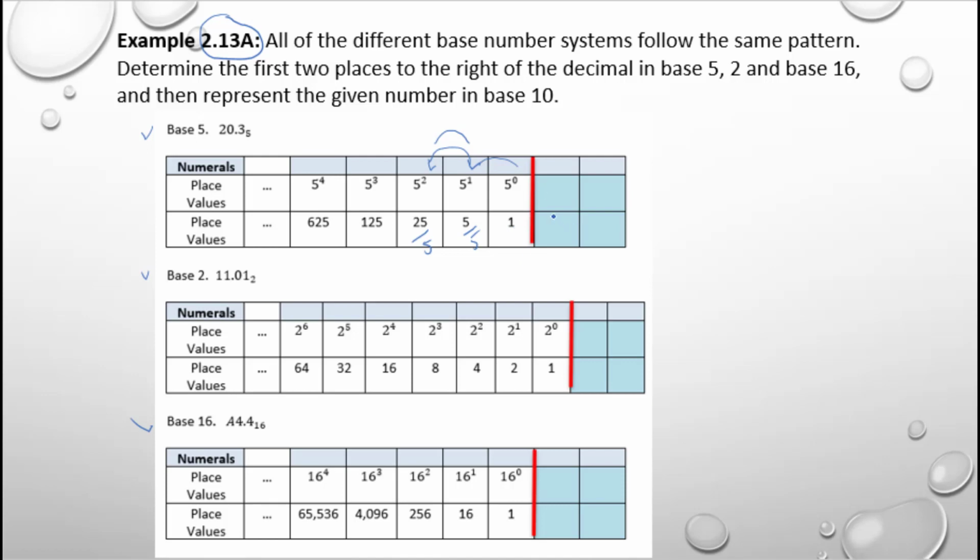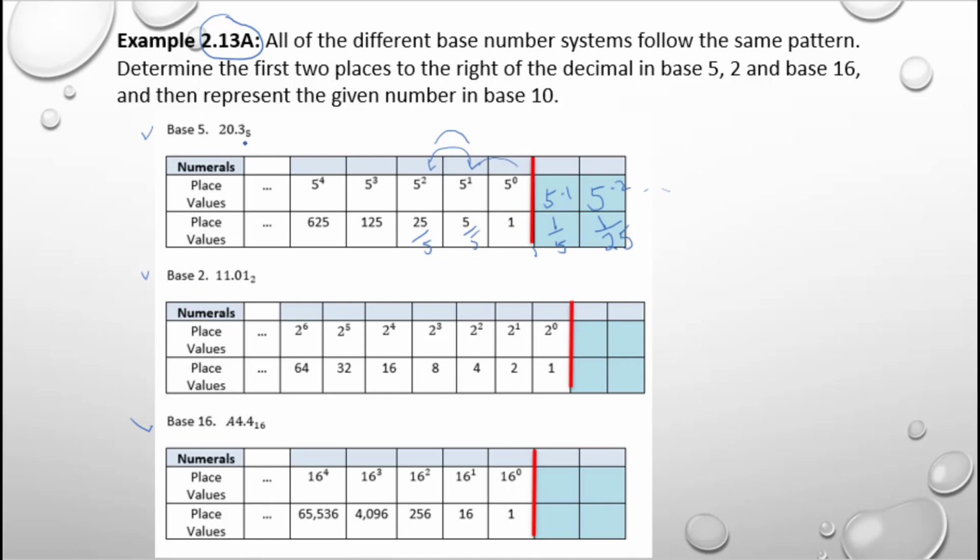So you take 1 and divide it by 5. And then you take that and divide it by 5 again, or 1/25. So those are the first two decimal places to the right in a base 5 system, represented by 5 to the -1 and 5 to the -2, etc.